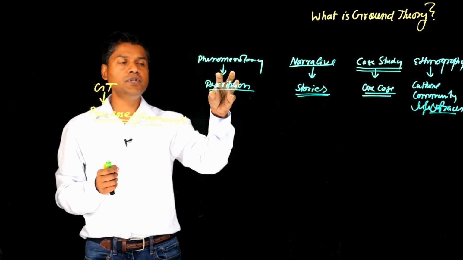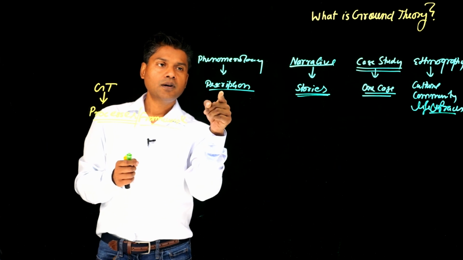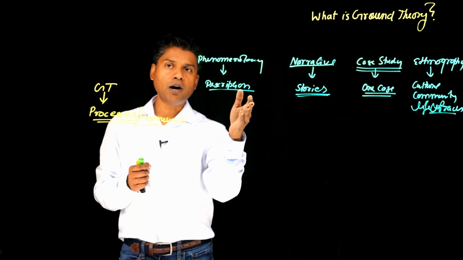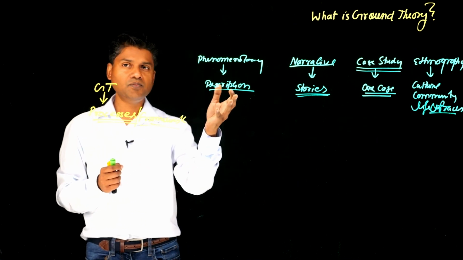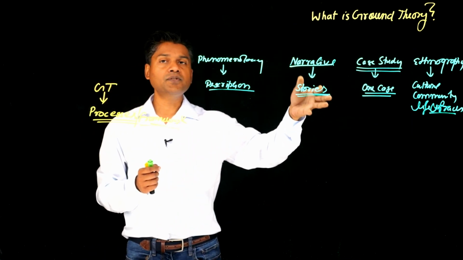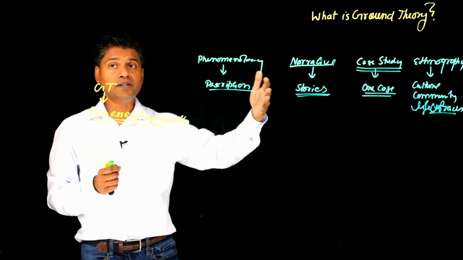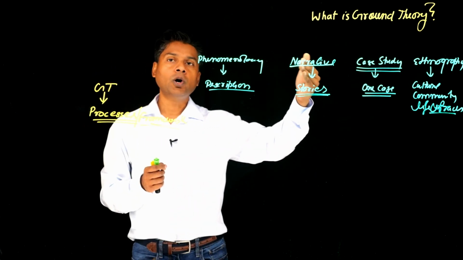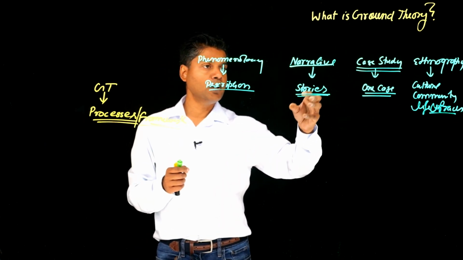In phenomenology, you are focused not on understanding processes, but on a detailed description of the phenomenon that you are investigating, and you are trying to see the themes out of those descriptions. In narrative inquiry, your focus is on stories and how those stories are shaping individual life and decisions, as well as overall community and broader social, political, economic stories.